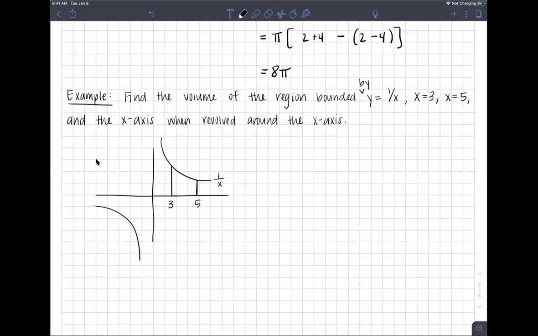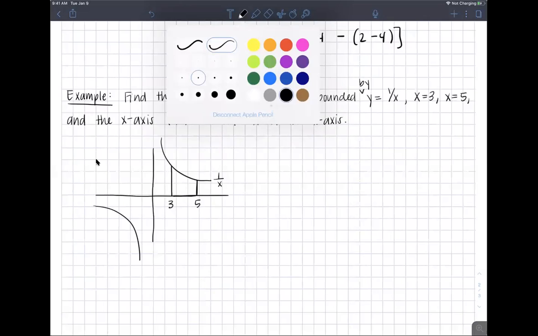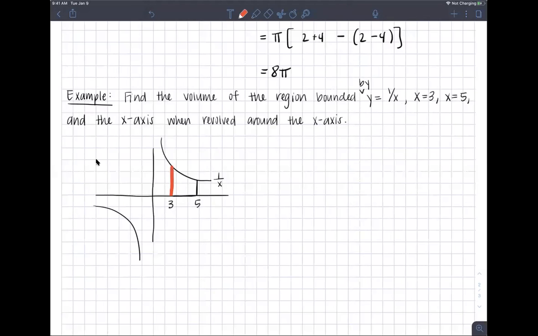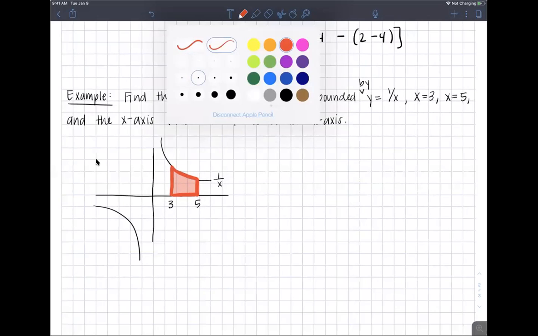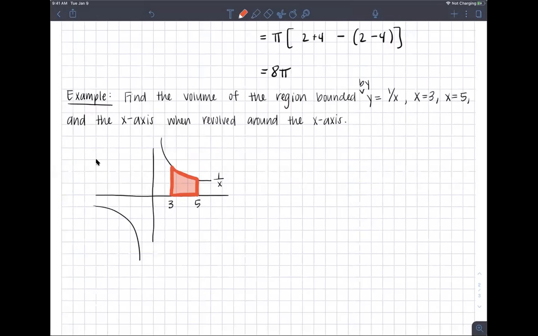And then you're also bounding it with the x-axis, and so this is the region we're looking at. And so when we revolve that about the x-axis, we're going to get this piece now.